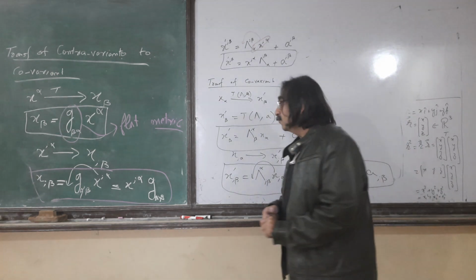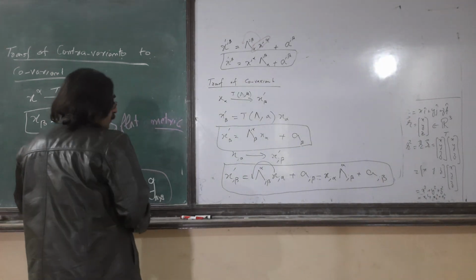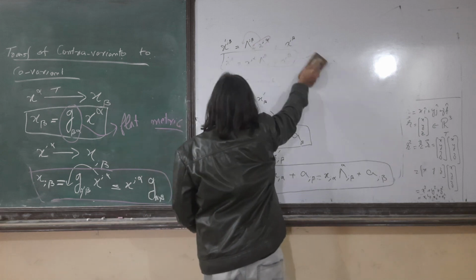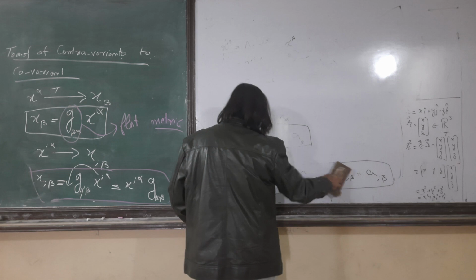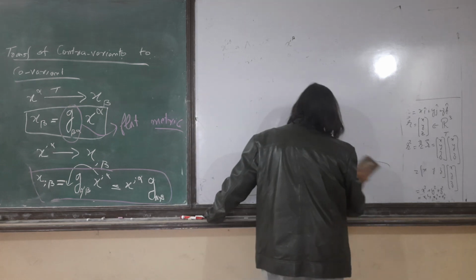Got it? Now the question is, what is J? That is a flat matrix, yes, but what are the values?